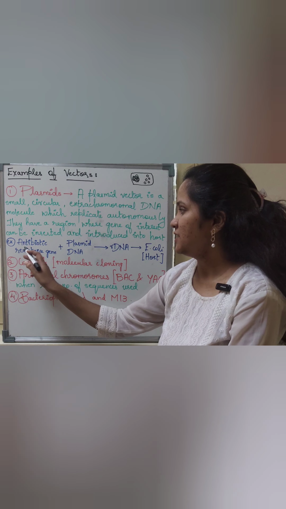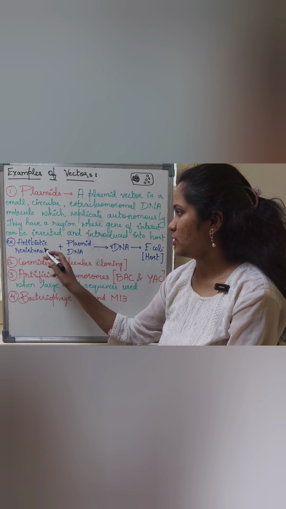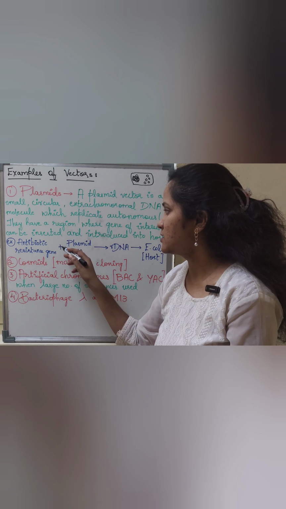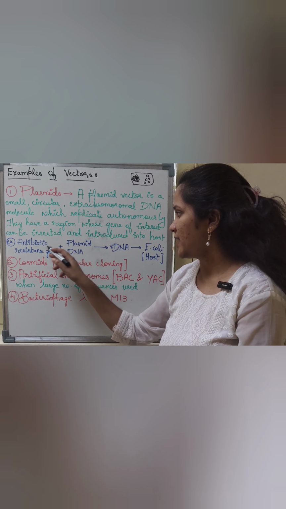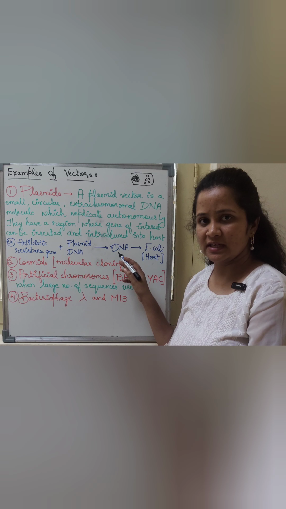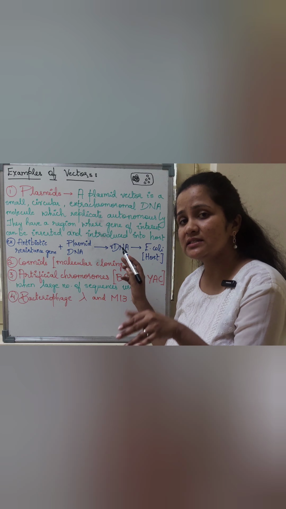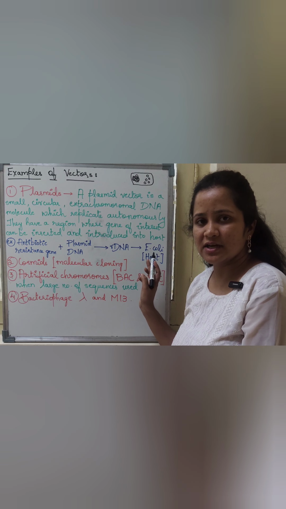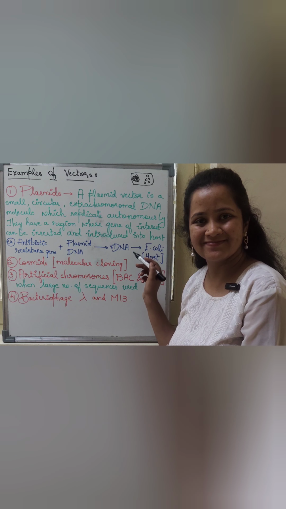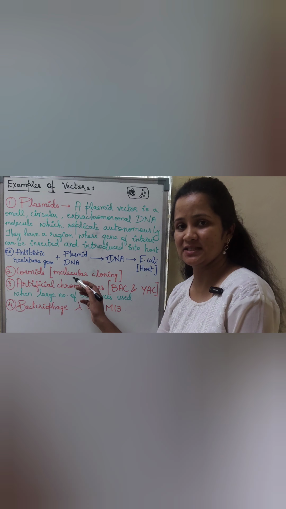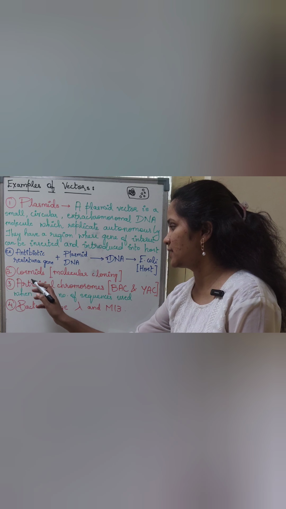For example, an antibiotic resistance gene, which is our gene of interest, plus plasmid DNA, together they will form a recombinant DNA. Later this recombinant DNA can be introduced into the host, for example E. coli.